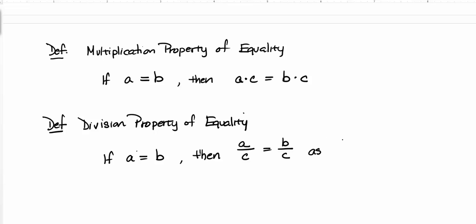This has a special condition: as long as C doesn't equal 0, because we can't have 0 in the denominator. Those are the four basic properties of equality: addition, subtraction, multiplication, and division. We're going to use those to solve equations in the next section.